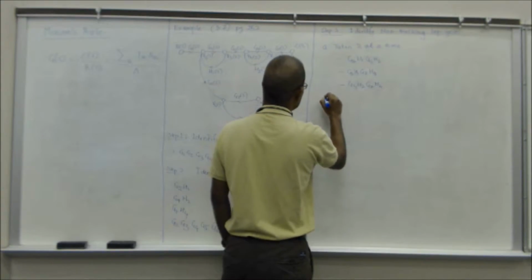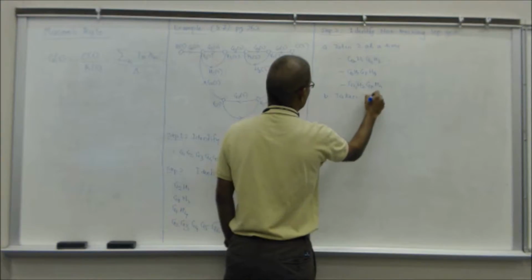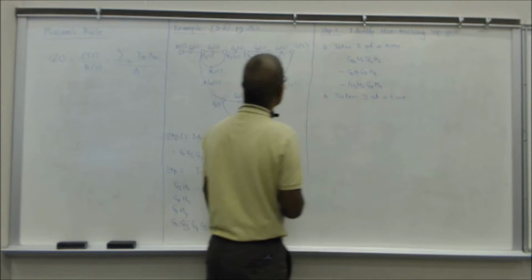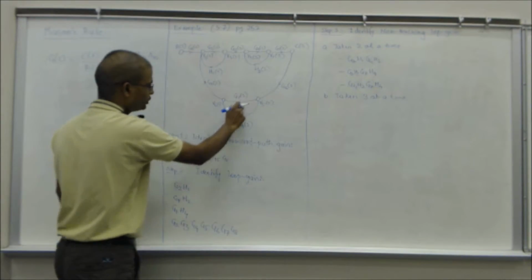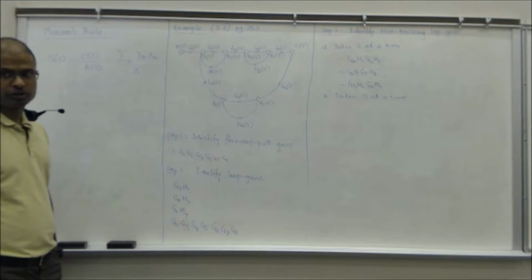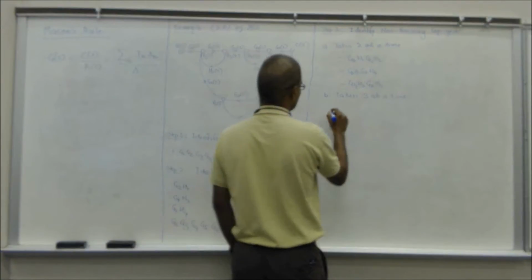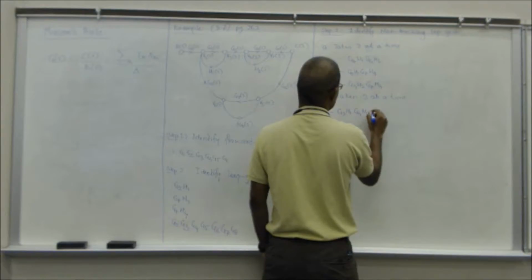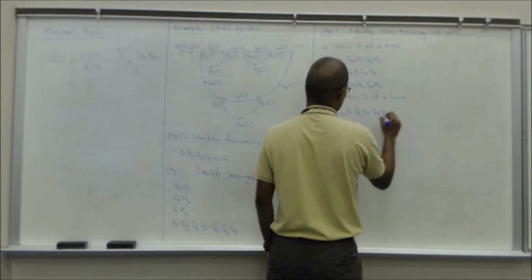The next one would be taken three at a time. Right? So if you take these three, 1, 2, 3, they're actually non-touching, right? So you can say G2H1, G4H2, and G7H4.